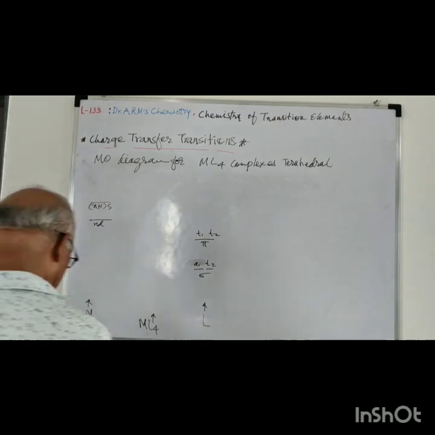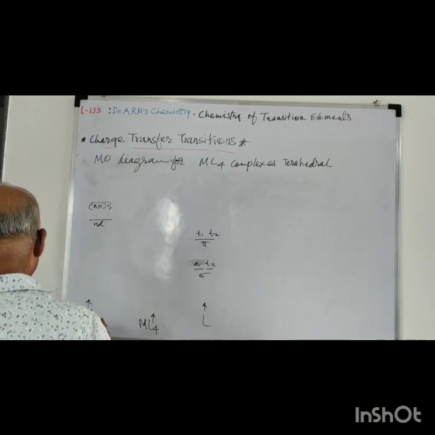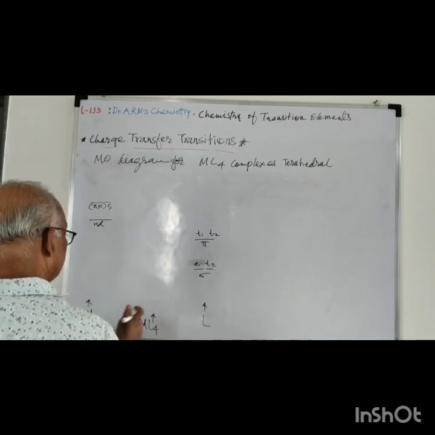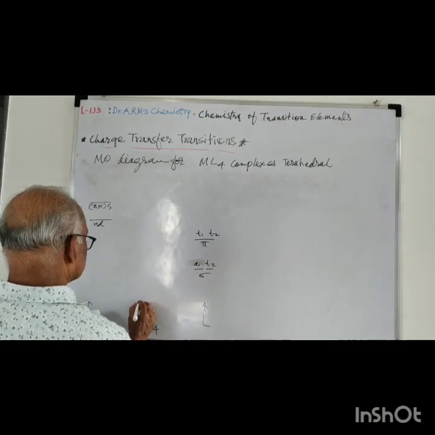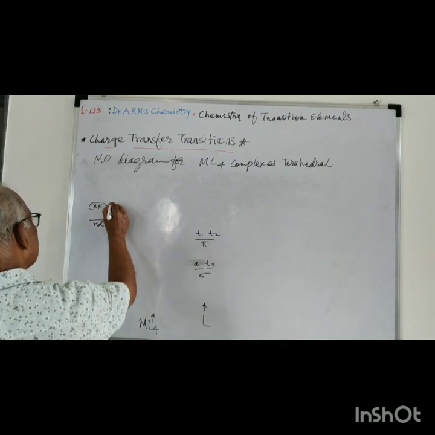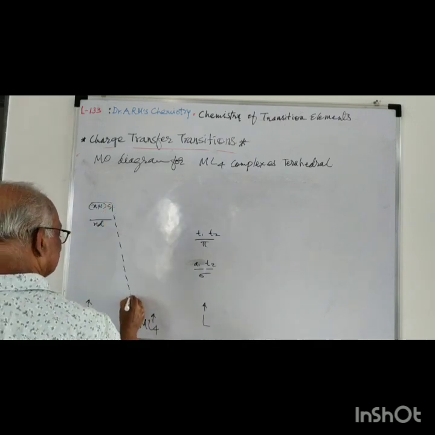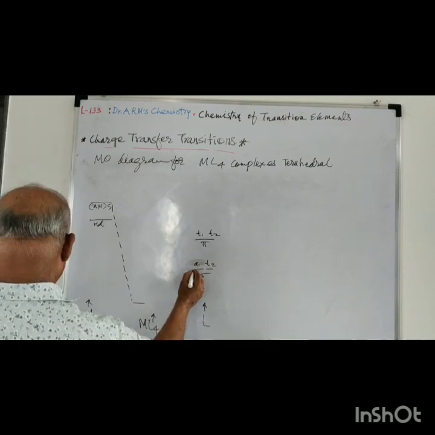Now, the linear combination between these orbitals will show that the A1 molecular orbitals are formed from linear combination of these s orbitals and these a orbitals.